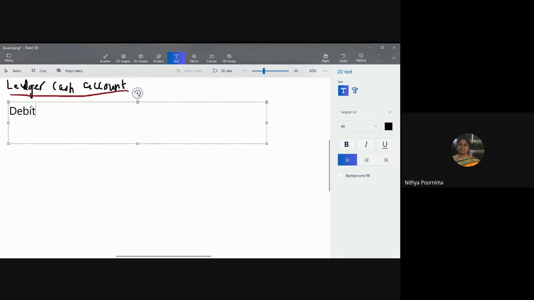In short form for debit, we make use of DR, capital D. Okay, then on the other side, you'll have the credit side as well. What is the short form for credit? CR. Okay.